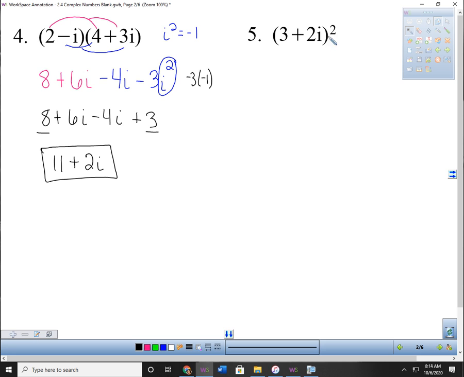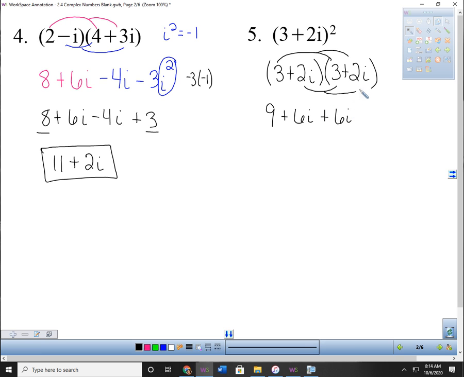Now when I square, remember you can't just take the first number and square it and the second number and square it. This is this times itself twice. So you would actually be doing 3 plus 2i times 3 plus 2i, and then you're going to have to FOIL that. So I have 3 times 3 is 9. 3 times 2i is 6i. 2i times 3 is 6i.